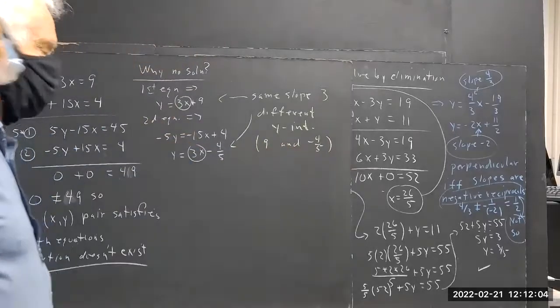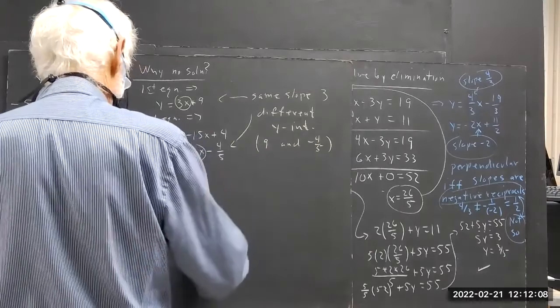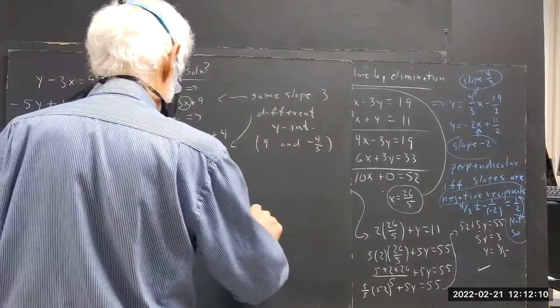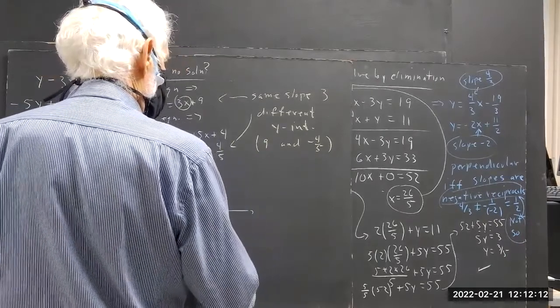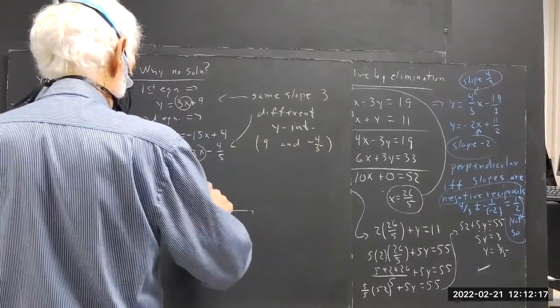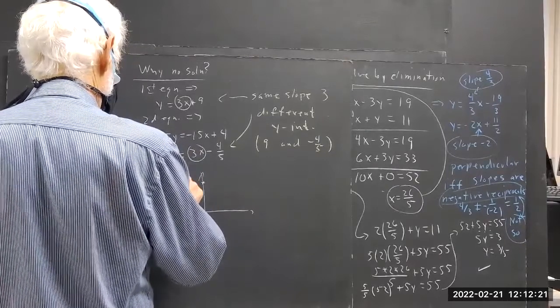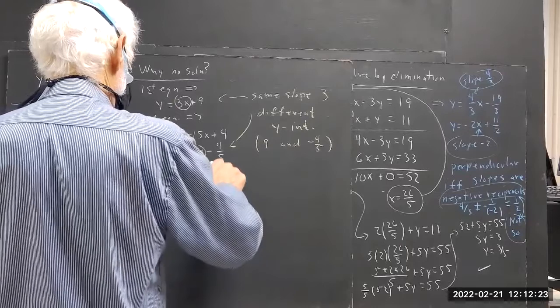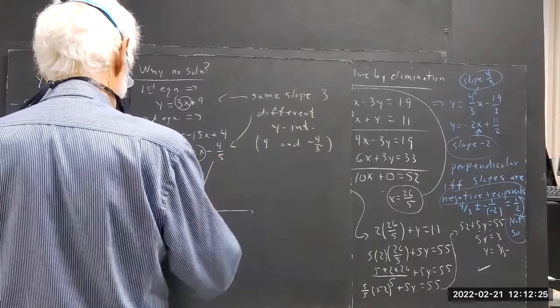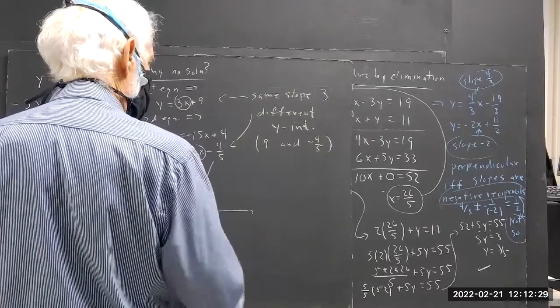Y-intercepts are 9 and -4/5. Meaning that if you were to graph these, you'd have a line here with a slope of 3. So this is the point (0, 9) with slope 3.